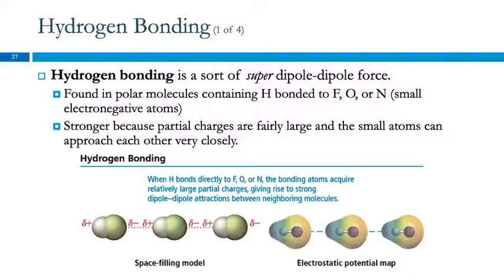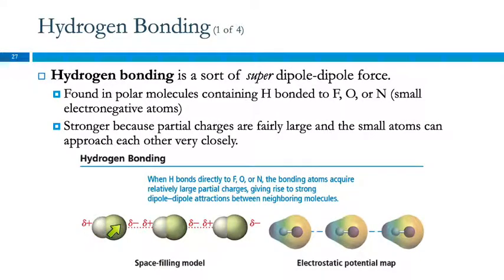Well, why would it be extra strong? Well, it's going to be extra strong if one of the atoms on there is very electronegative. So if we have fluorine, oxygen, or nitrogen that's bonded to hydrogen. So here we have, I believe this is HF.